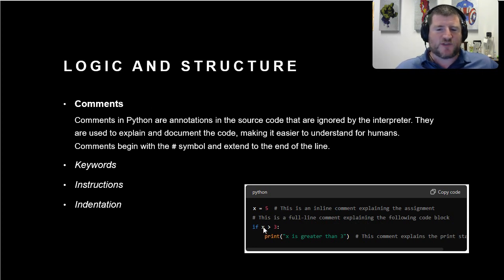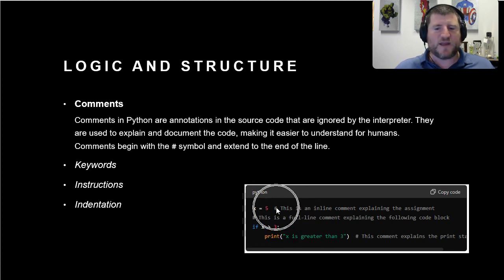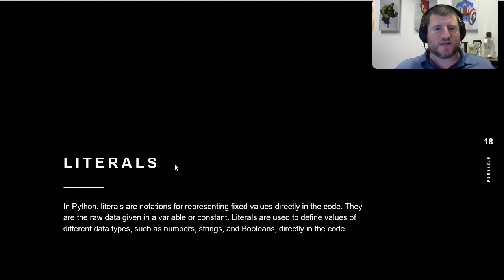And usually that means you're explaining something down under it, generally. But if you put an inline comment, it explains just what happened on that specific line, right? But a full block comment can explain everything under it. But again, a comment is designated by the hashtag.